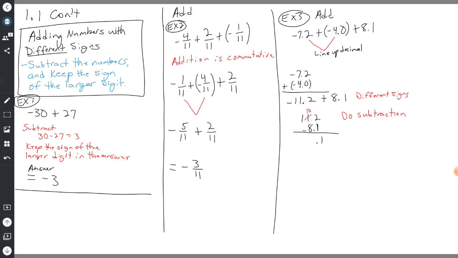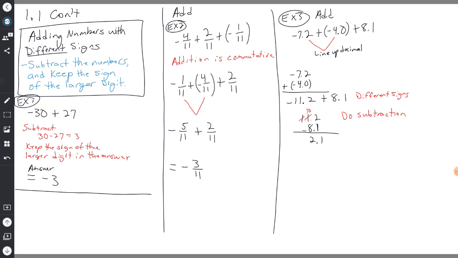So this becomes 10, and then that next one just basically goes away because we don't have anything to borrow for on that one. So this leaves us with what? 2.